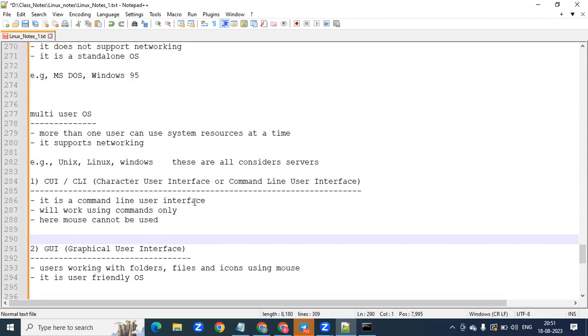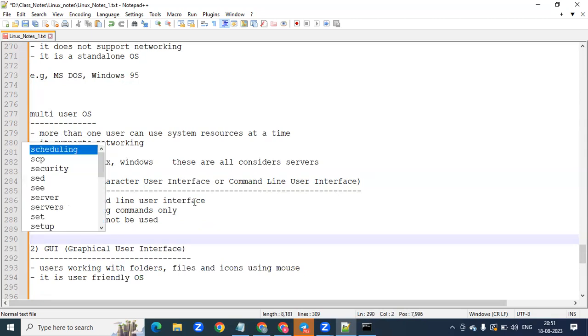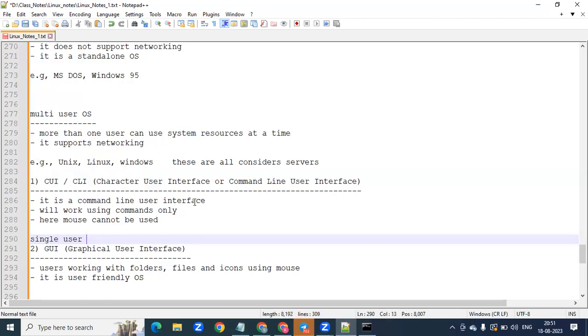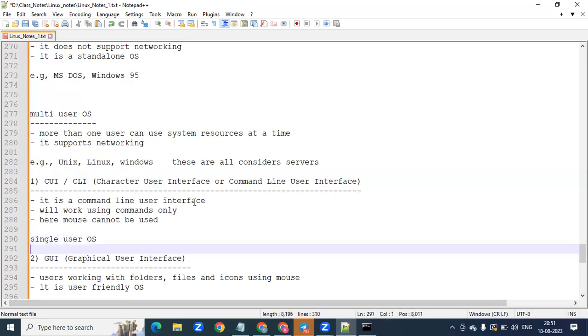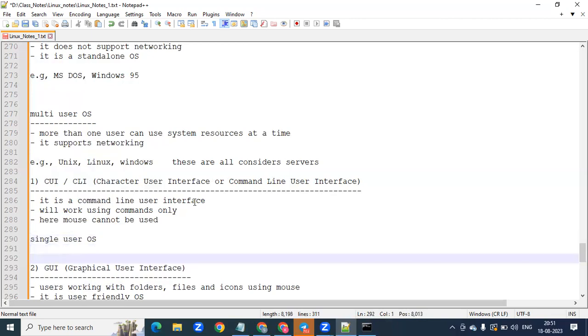Single user OS, you can consider MS-DOS as the best example for this.